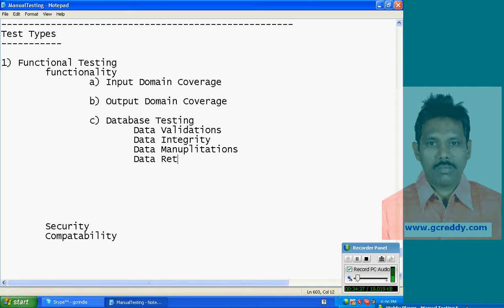Data retrievals. See, retrieving the specific data. Suppose you entered maths, physics, chemistry marks from the front end side.